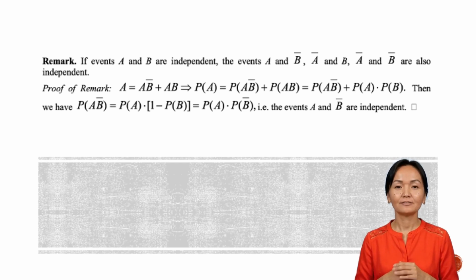This proves that the events A and B complement are independent. A similar argument works for the other cases. This property is extremely useful in practice because it means we can freely switch between events and their complements when working with independent events, knowing that the independence relationship will be preserved.